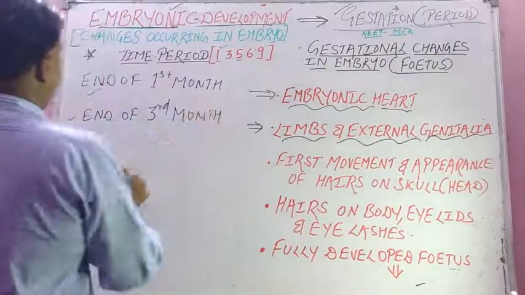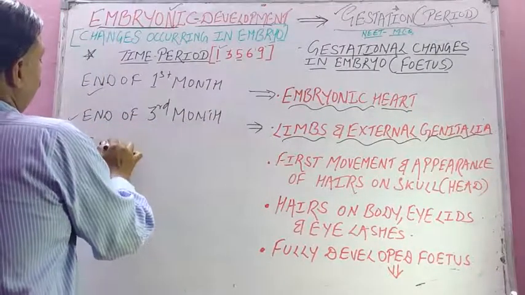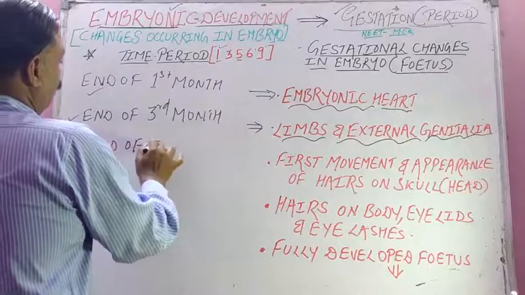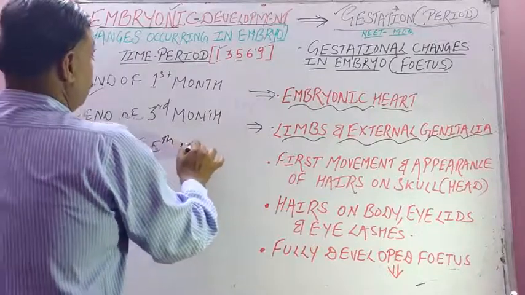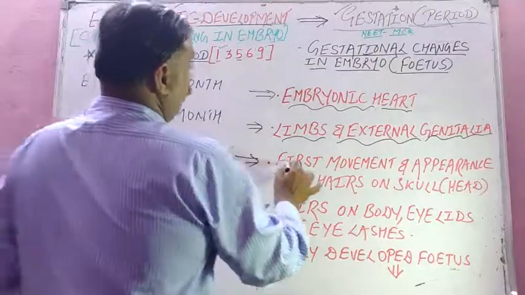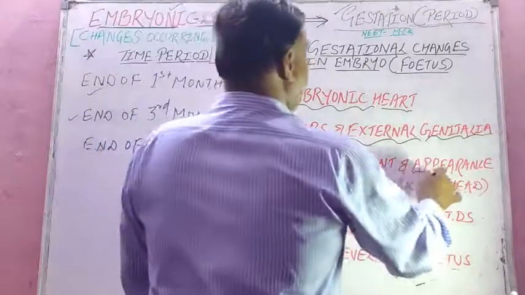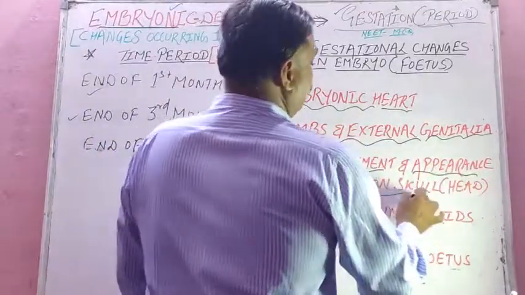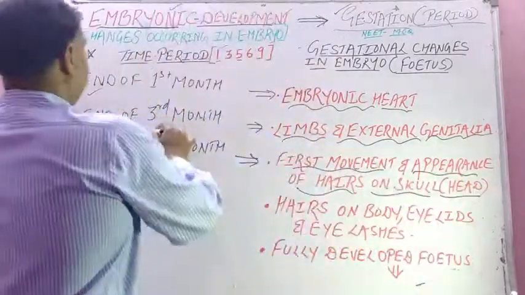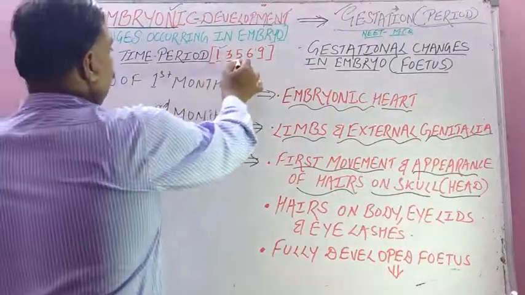Then number 5, the end of the fifth month, student. What happens there? The first movement in the fetus, and appearance of hairs on the head or skull. That happens at the end of the fifth month. So 1, 3, 5 is over.